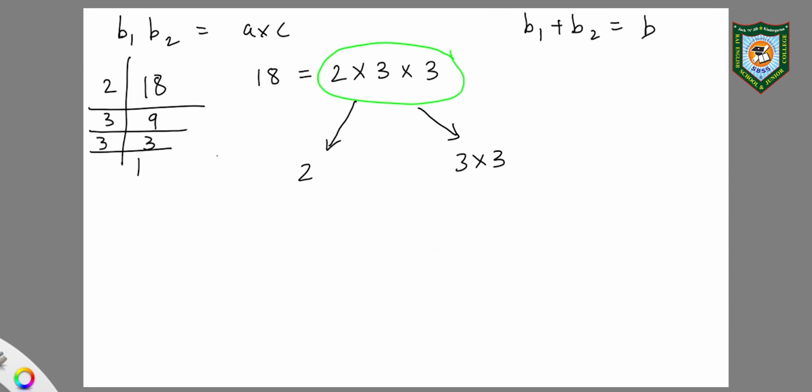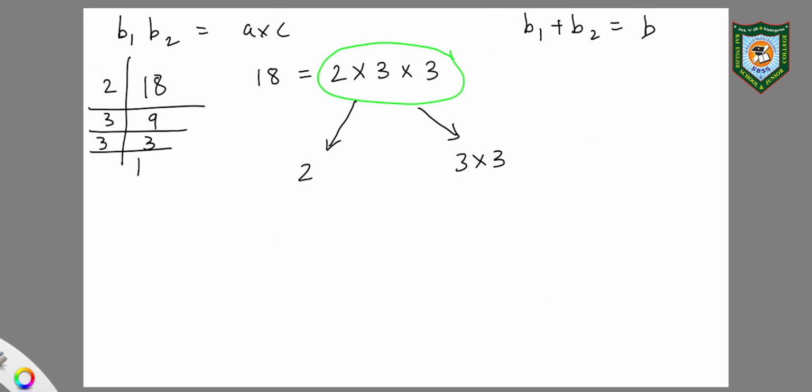So b1 is equal to 2 and b2 is equal to 6. If I add b1 plus b2, this is equal to 8, which is not equal to my b value. So these two factors cannot be used. Let's move to our next set of numbers.